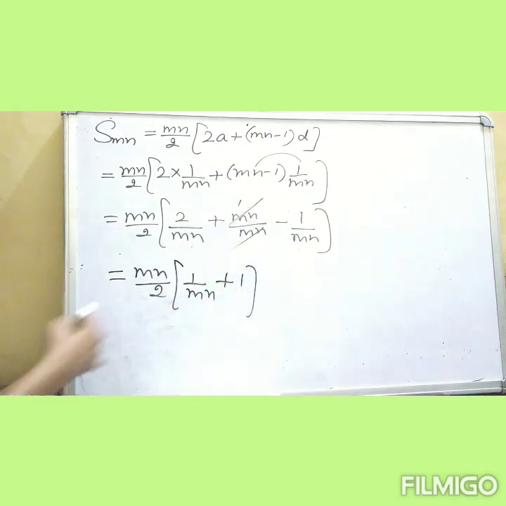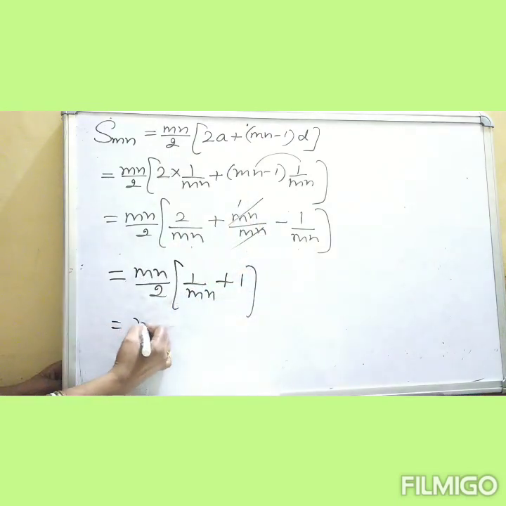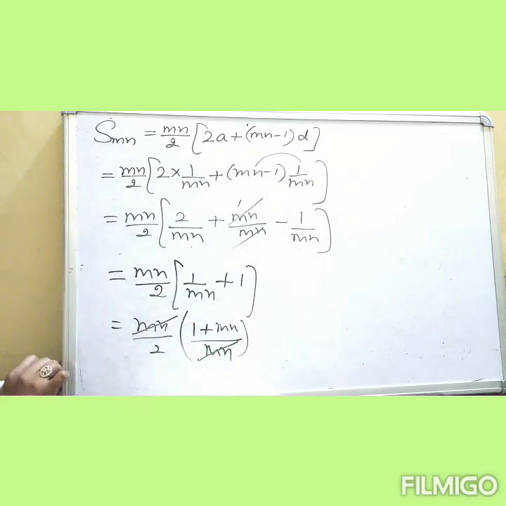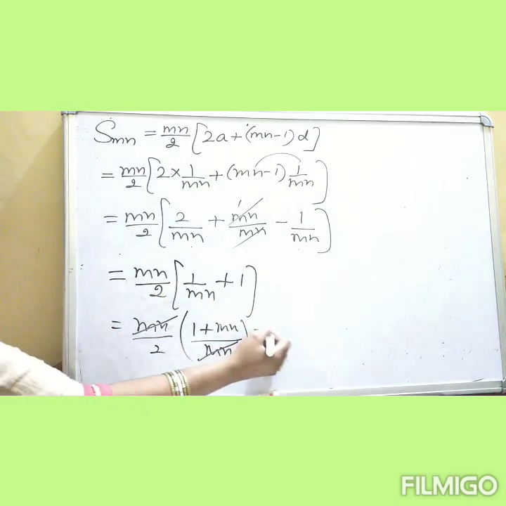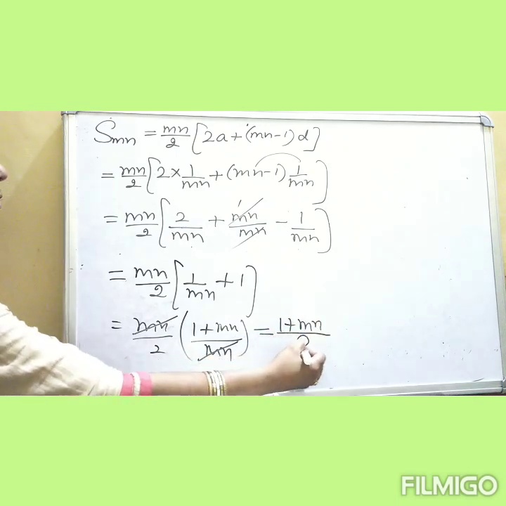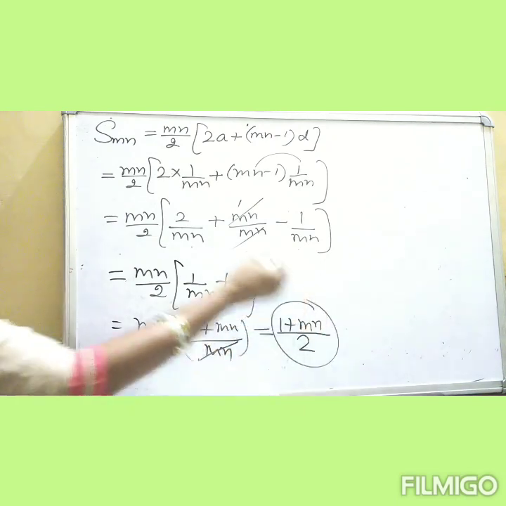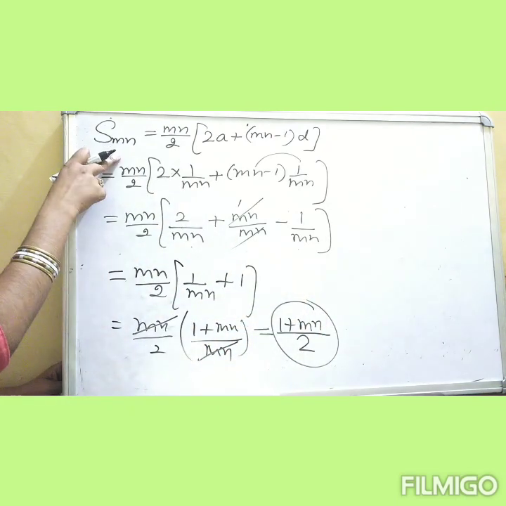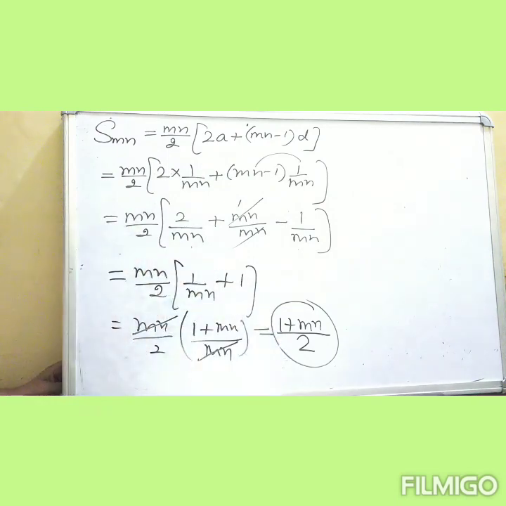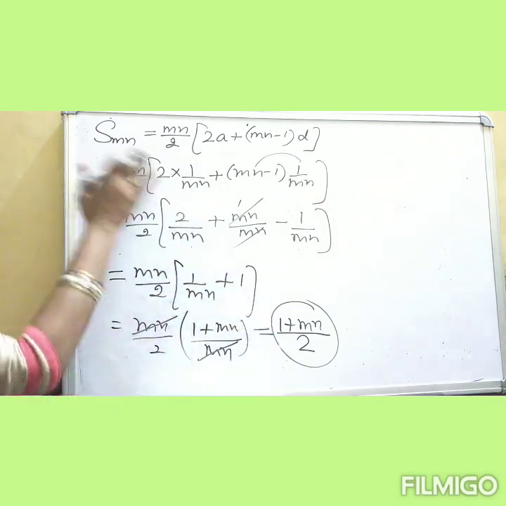So this will now be mn by 2 times (1 plus mn by mn). Again, these two will cancel out, and the final answer will be (1 plus mn) by 2. And this we had to prove, that the sum of mn terms is equal to (1 plus mn) by 2. So this we have proved.